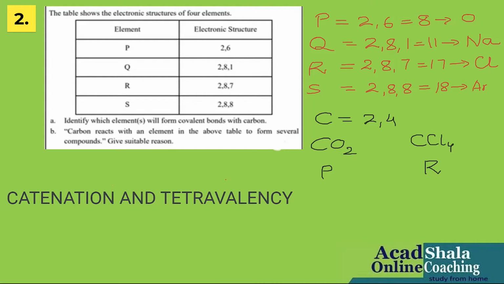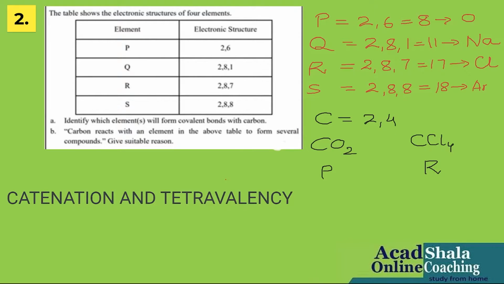Also do write the definitions of catenation and tetravalency along with this question, whether asked or not. So it's better to write the definition too in one line. So this finishes your question number 2.